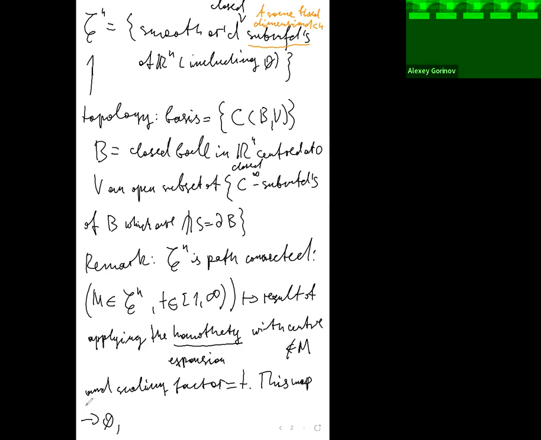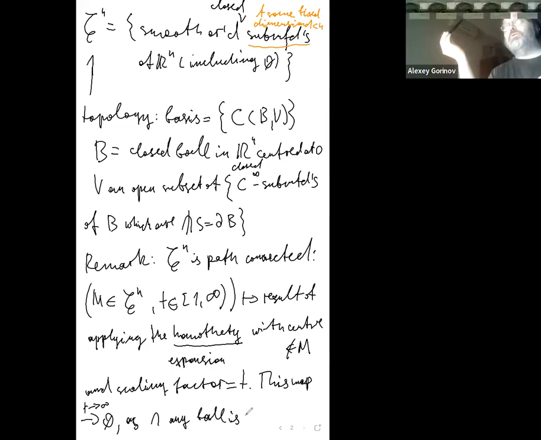The limit of this map is the empty set as t goes to infinity, because the intersection with every ball is eventually constant.